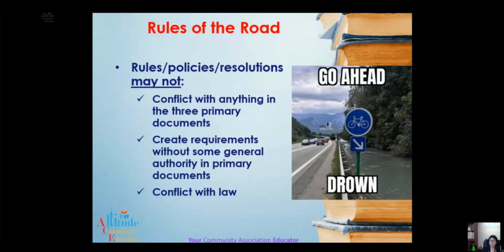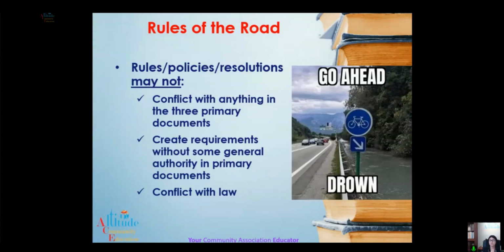But when you're adopting your rules, there's certain things you cannot do. And I think a lot of this is probably going to be, yeah, we already know this, Alina, but I'm going to tell you anyway, because again, we got to get the foundation down here. So as I said earlier, your rules cannot conflict with anything in the 3 primary documents. So your declaration, your articles, and your bylaws.